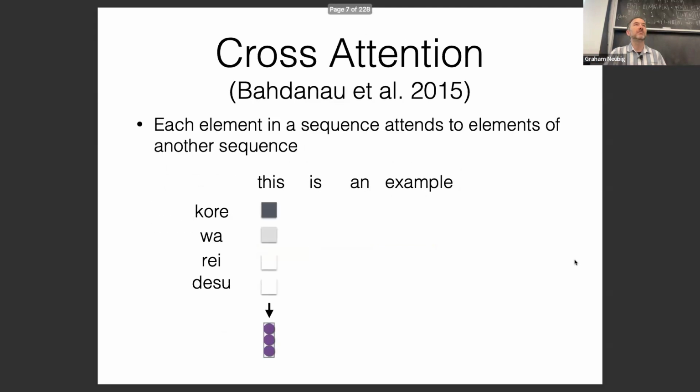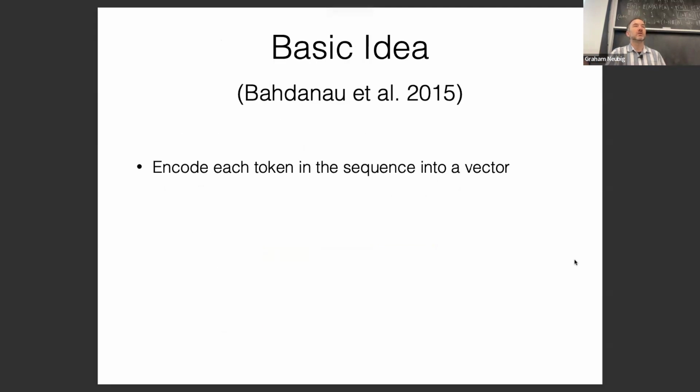Because you're trying to encode each long sequence into a single vector, if you have a very long sequence or a very short sequence, they both kind of become one vector. And because of this, it's hard to efficiently encode all of the information that you need in these variable length sequences.